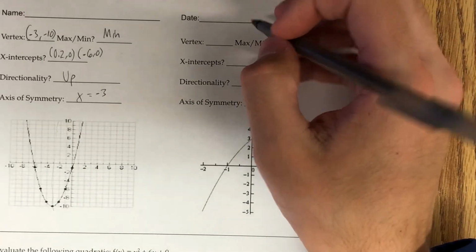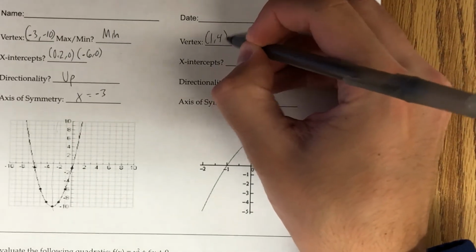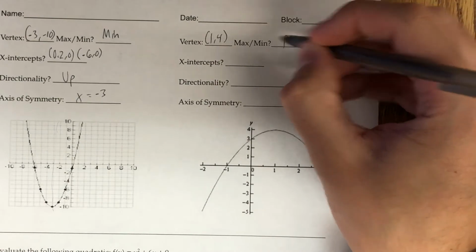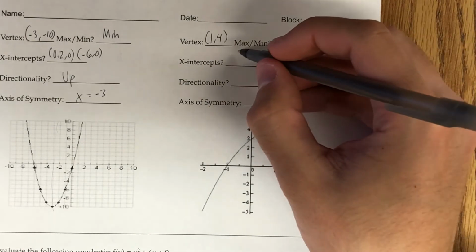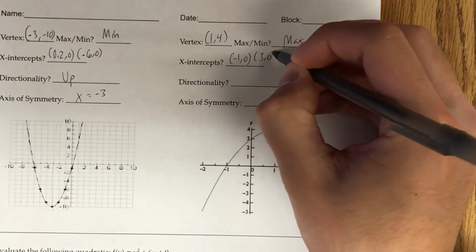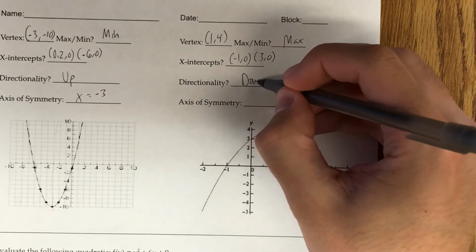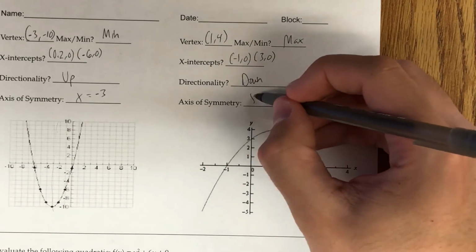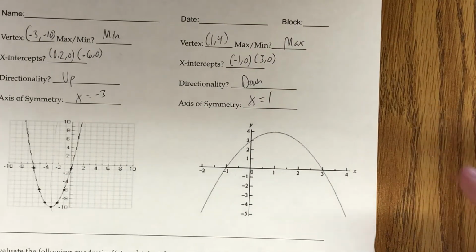For the other one, we have a vertex at 1, 4. This is a maximum because our vertex is a high point. We have intercepts at -1, 0 and 3, 0. Directionality is down, and our axis of symmetry would be x equals 1.